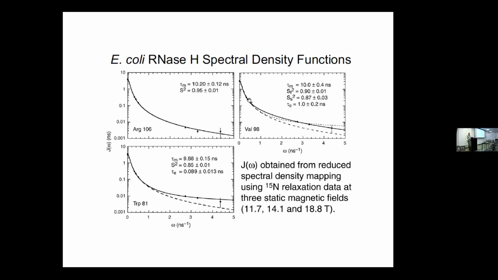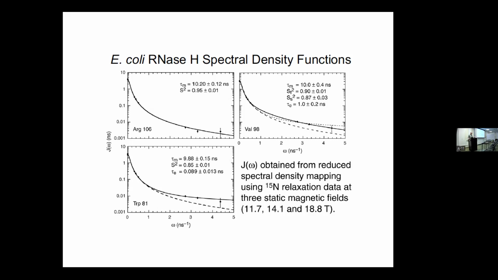But it probably should tell you, the data is pretty sparse, and that limits kind of how complicated the models possibly can be. And as far as we know, the nitrogen 15 data recorded at high field has 5 bits of information in it, which means the most complicated model you can fit is an overall tumbling time, 2 order parameters, 2 time scales.